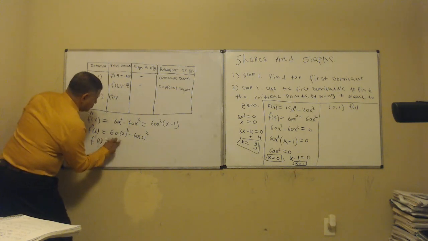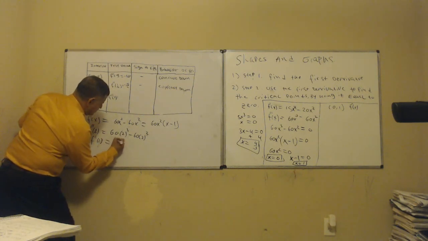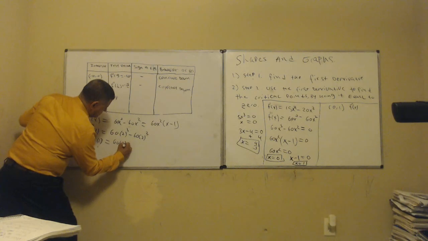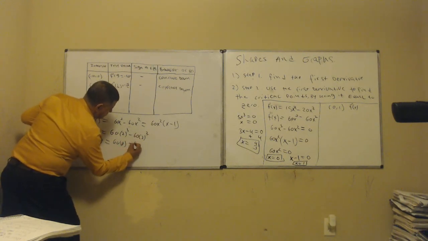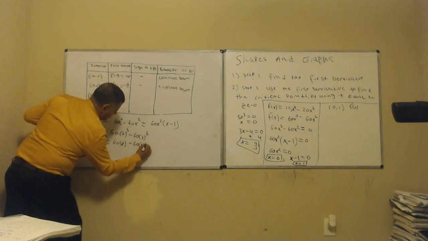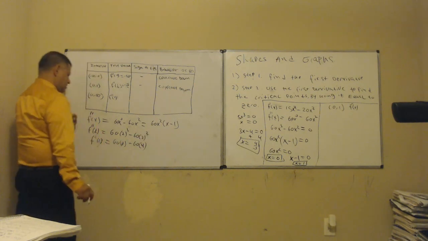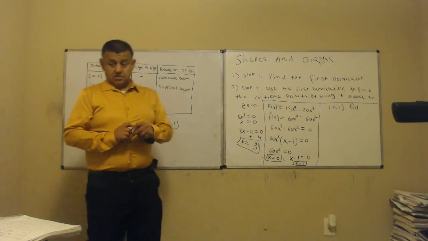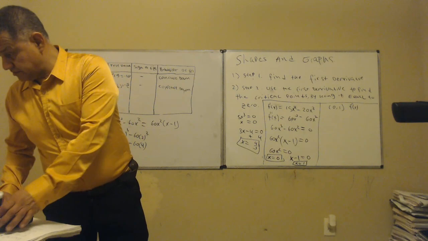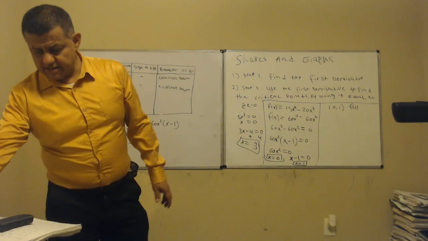And it's going to be equal to what? It's going to be 60 times 8, and this is going to be 60 times 4, right? Let's do it real quick.